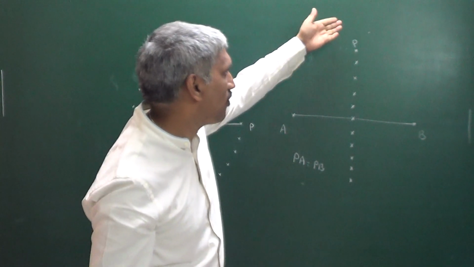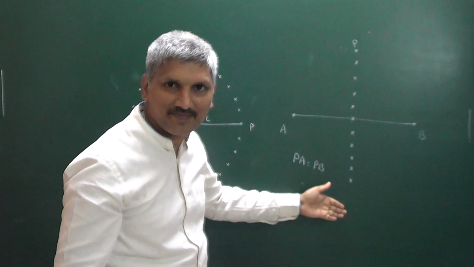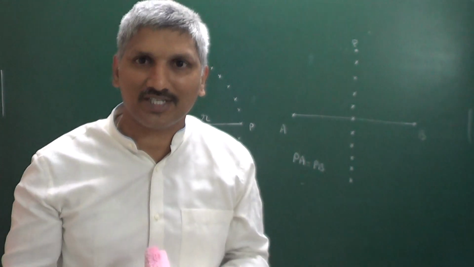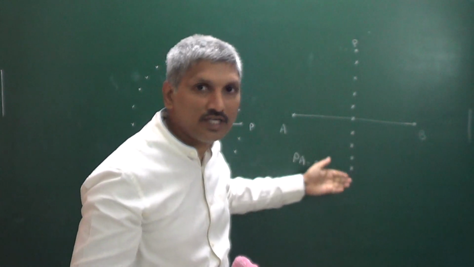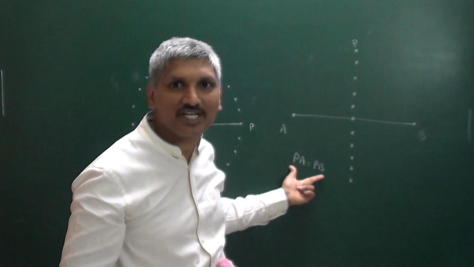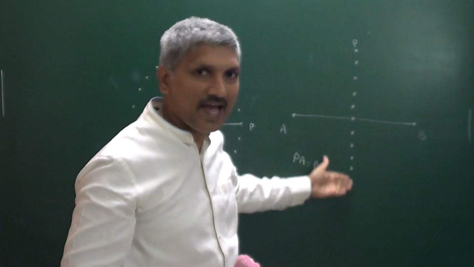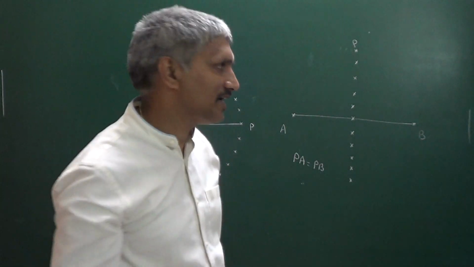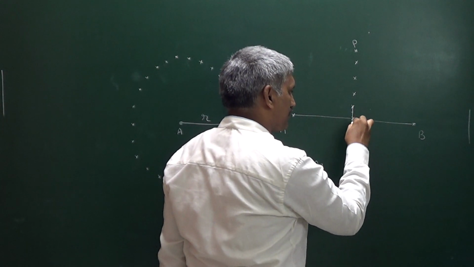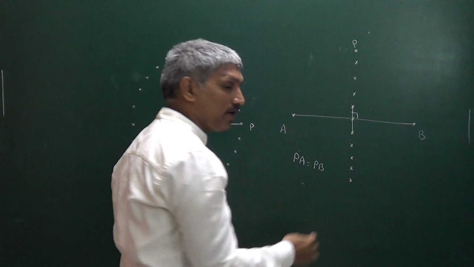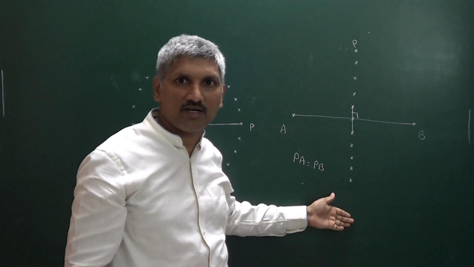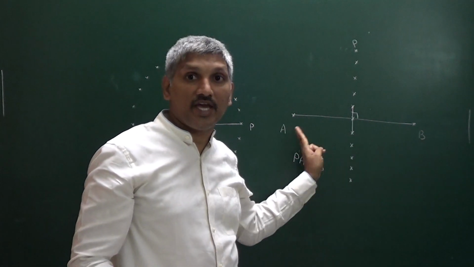The collection of all these points is called a locus. It is a line, and that line is nothing but the perpendicular bisector of the line segment joining A, B.